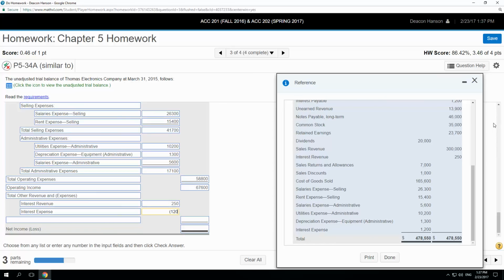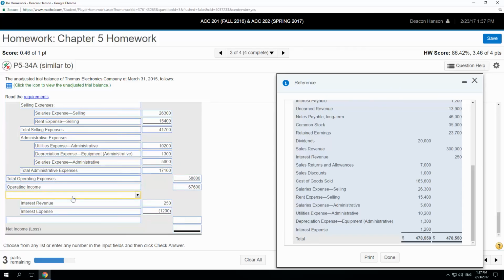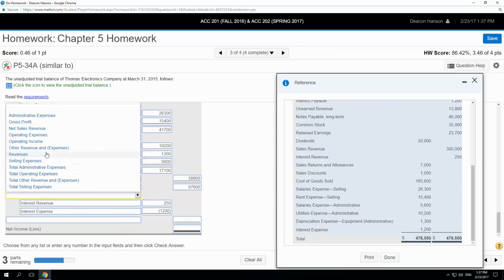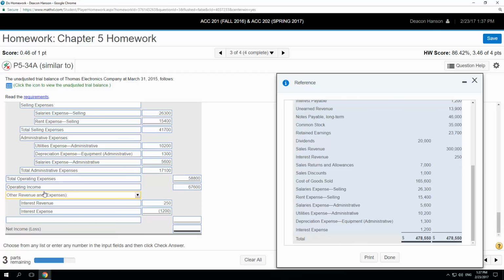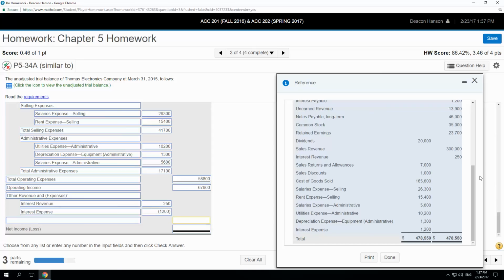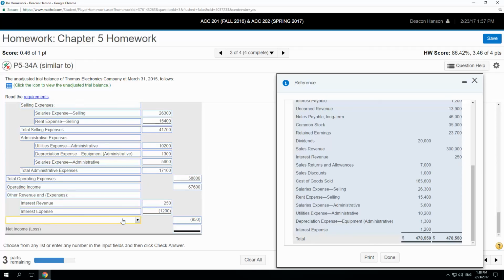I'm going to make that negative, because we got the title wrong for that category. I put the total in, but it's really other revenue and expenses. They show the expenses in parentheses. So we're going to have 950 negative, right? And that would be my total other revenue and expenses.